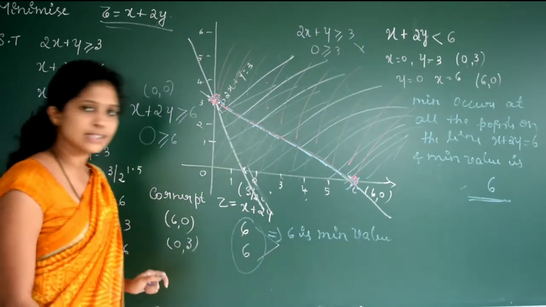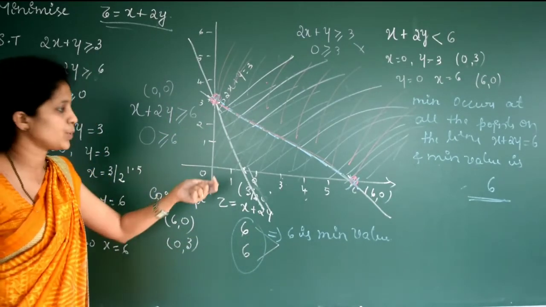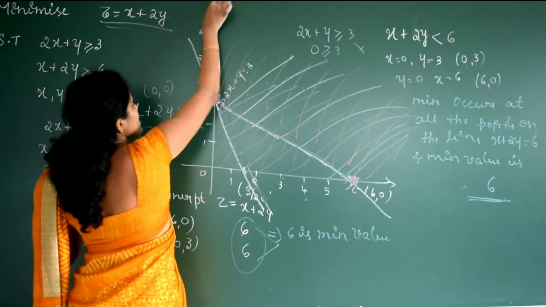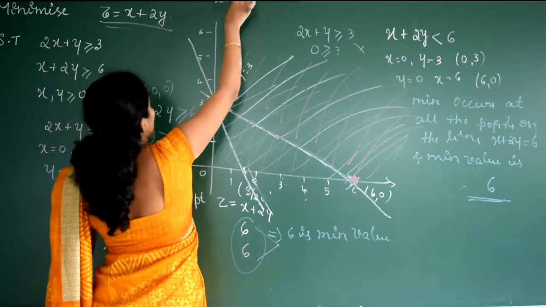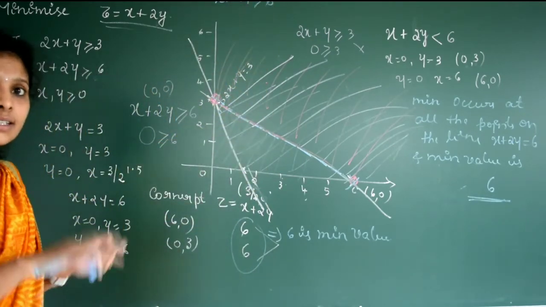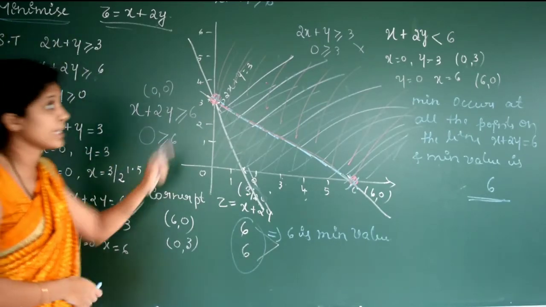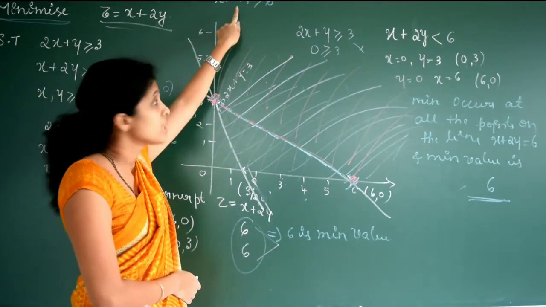Can we consider 6 as a maximum value? If they ask for the maximum, what do you have to do? Just see this one. Now x plus 2y should be greater than 6. Is it clear? The question asks for the minimum, I am just explaining. If they asked for maximum, then what do we have to consider?